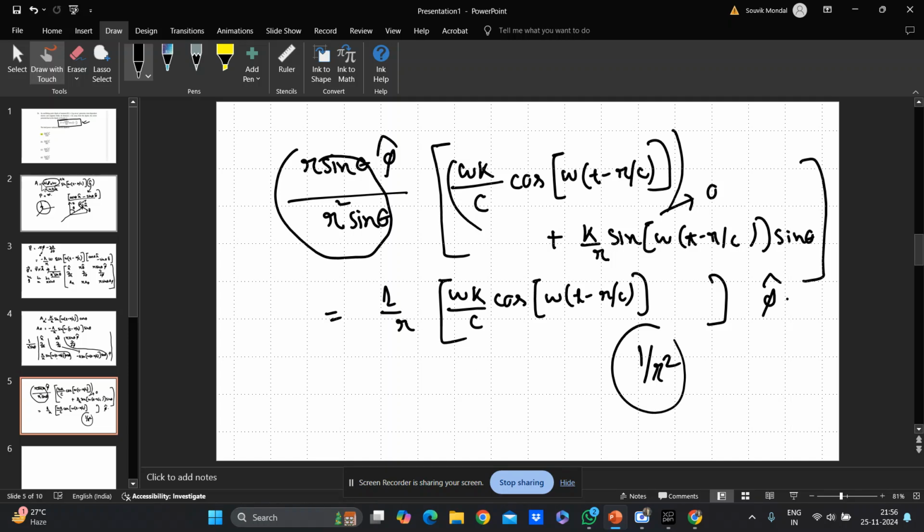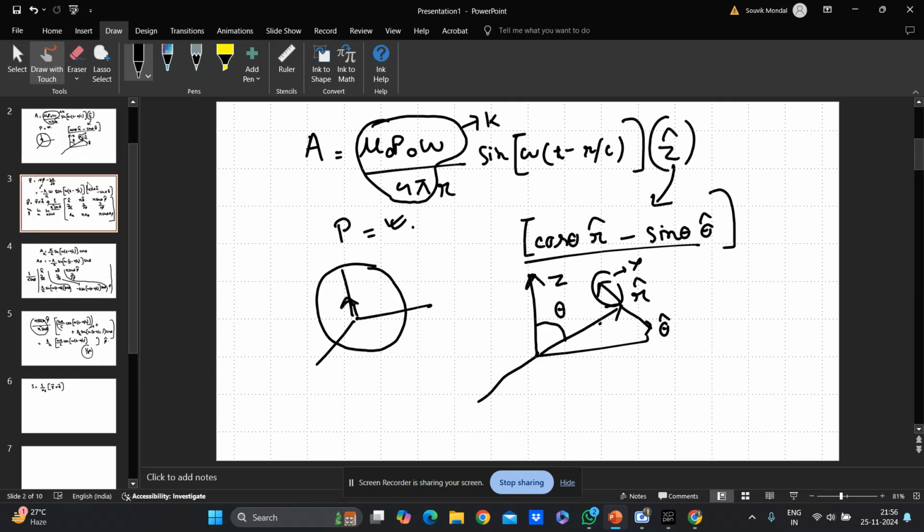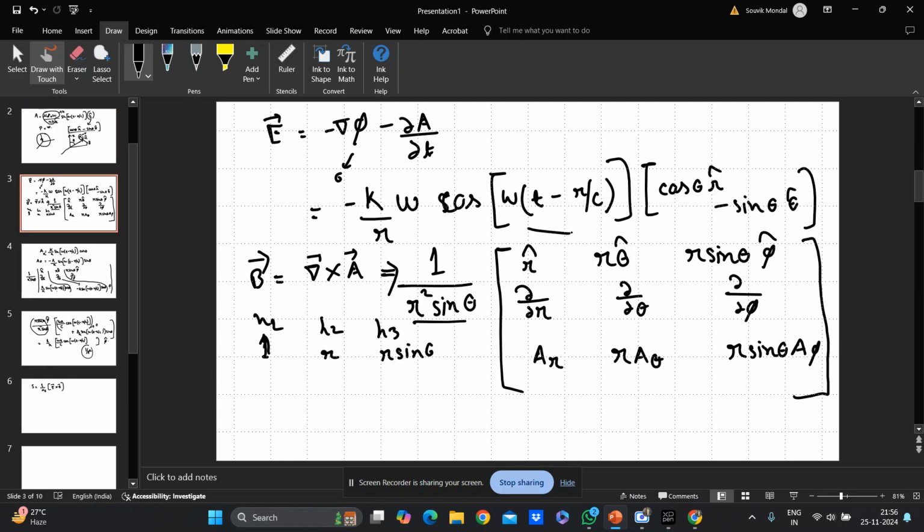Now what is your S vector, the Poynting vector? It is equal to 1 by mu naught E cross B. Now you have your E, this is your E.